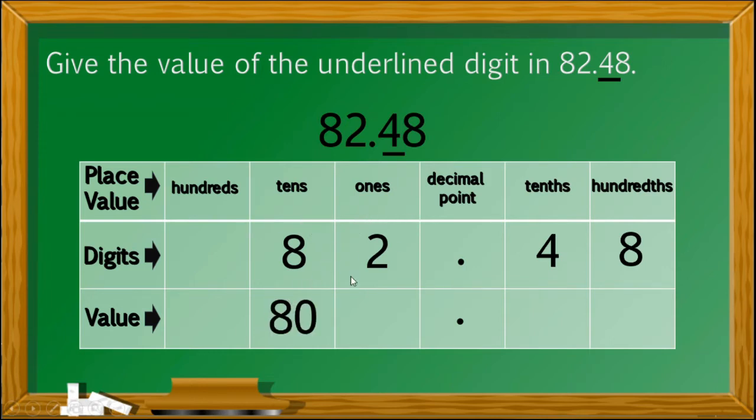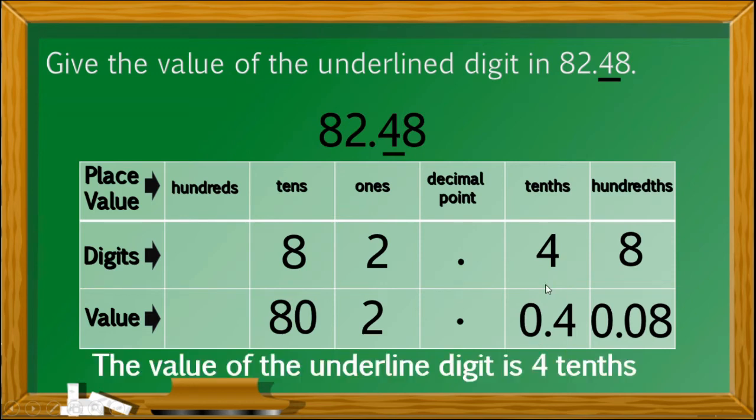Ang value ng ones ay 2. Ang value ng tenths ay 4 tenths, ang value ng hundredths ay 8 hundredths. Alin lang may underline? Yung 4. Ang tanong ay value. So, ito yung 4. Value niya ay ito. So, the value of the underlined digit is 4 tenths.